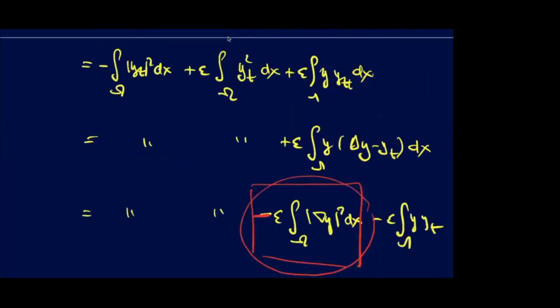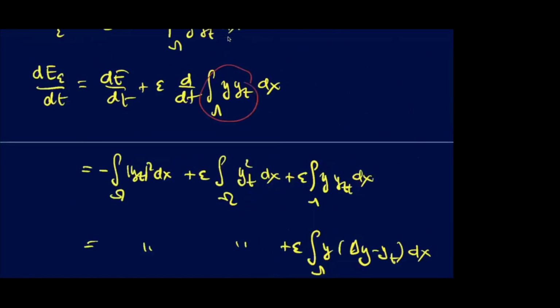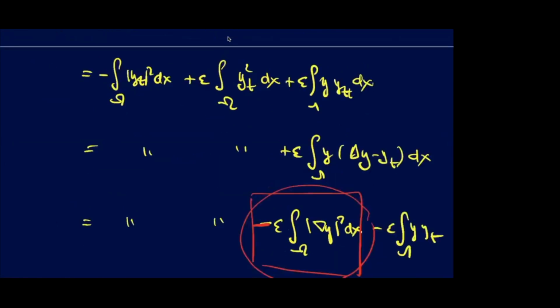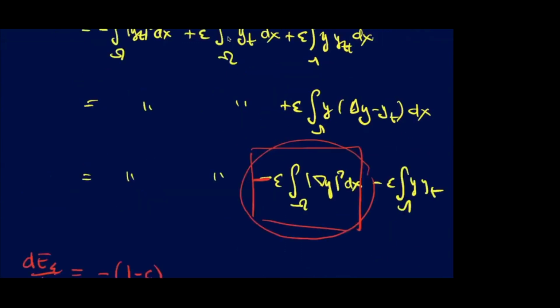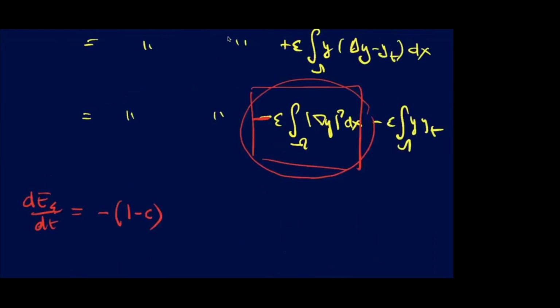Because here I had minus YT squared. This is the damping introduced by the damping term. But I have an epsilon that I am losing because I am adding a little bit of kinetic energy through the derivative of this term, right? I still have 1 minus epsilon that, of course, will remain negative when epsilon is less than 1, times the kinetic energy. I have here minus epsilon, the potential energy, right?